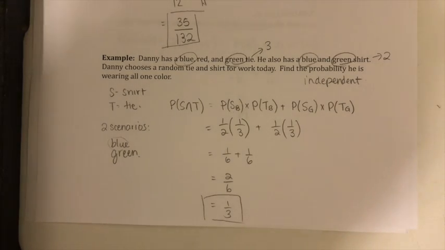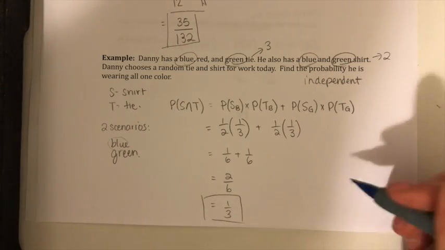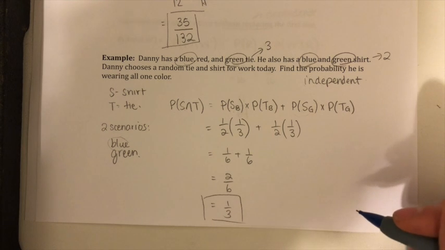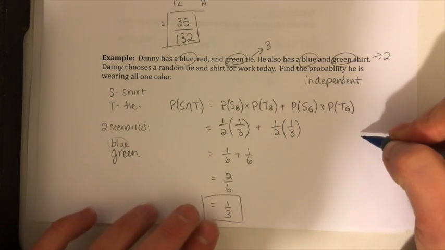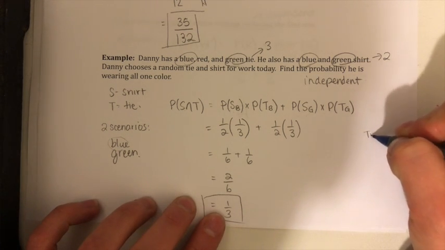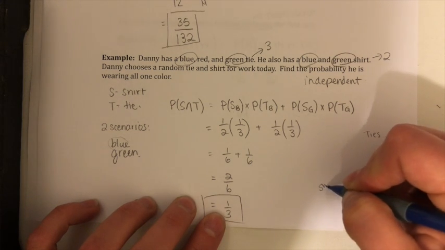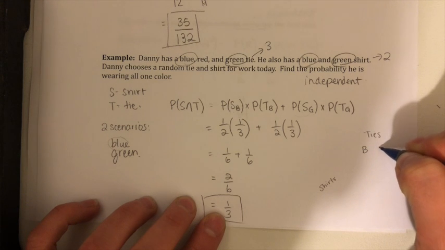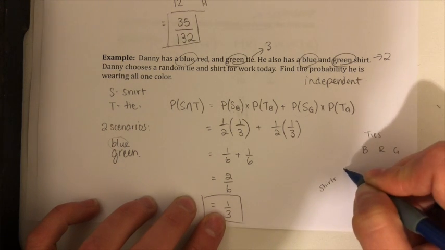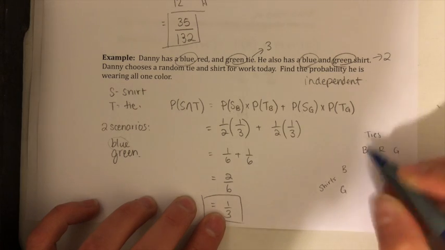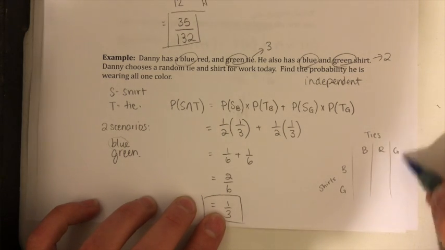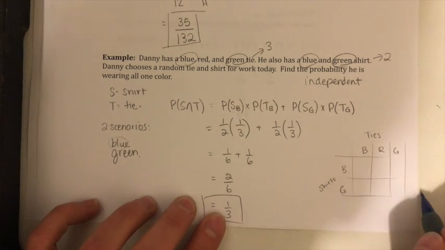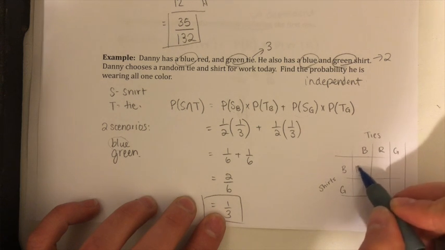A nice easy way that we can check this, similar to what I had set up previously for the dice rolling, is we can look at, okay, so here's ties, here's shirts, right? Ties he has blue, red, and green. Shirts he just has blue and green. Okay, so if you make a little chart for yourself here, if he picks blue tie and blue shirt, that's blue, blue.